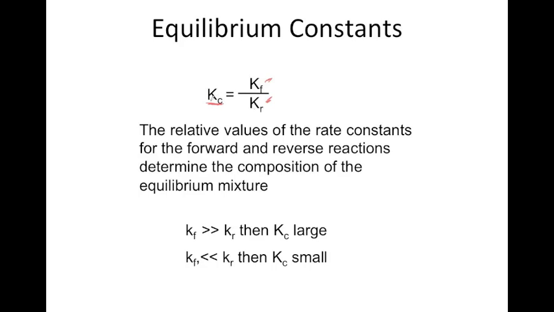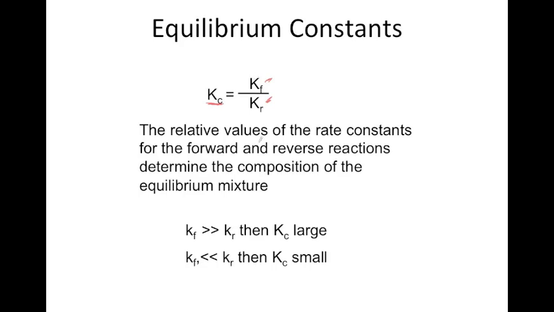Conversely, if Kc is very small, that means that the rate of the reverse reaction is occurring much faster than the rate of the forward reaction, as seen by the large rate constant for the reverse and the small rate constant for the forward reaction. That means that you'll have a higher concentration of reactant relative to product once the reaction has reached equilibrium.